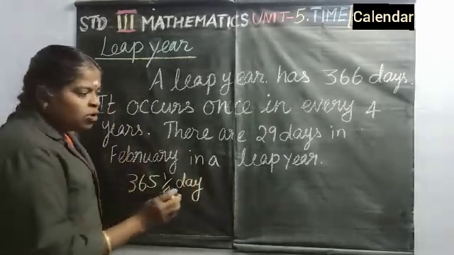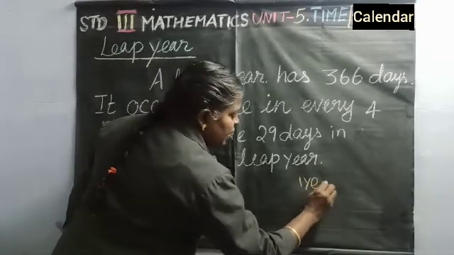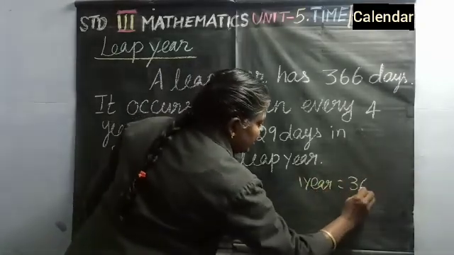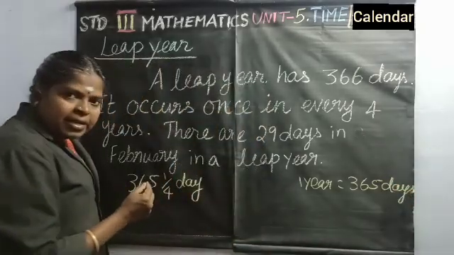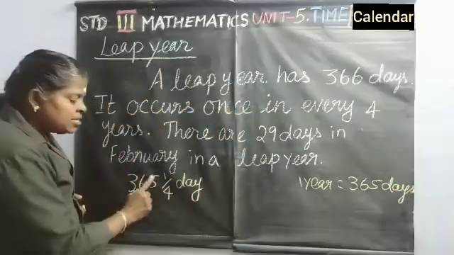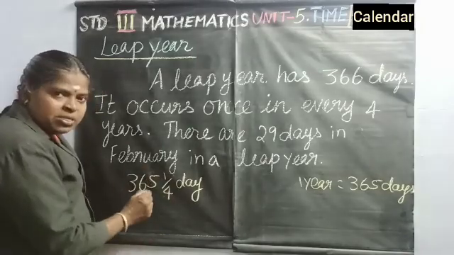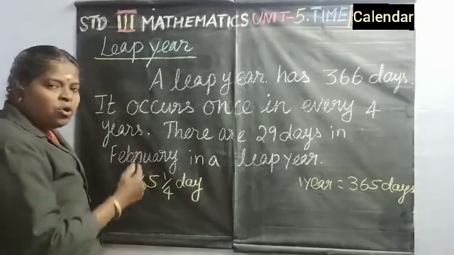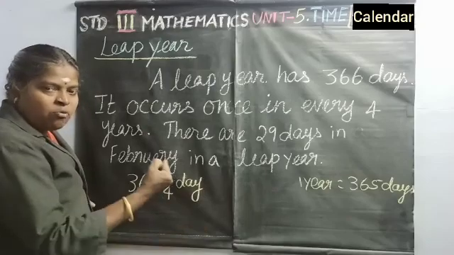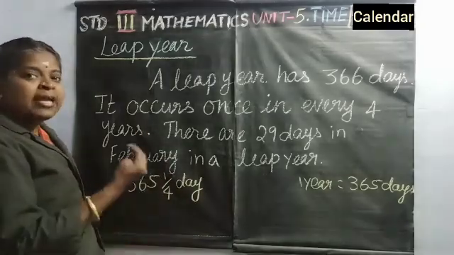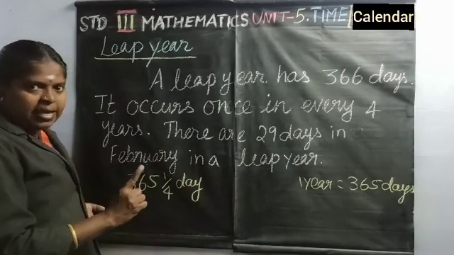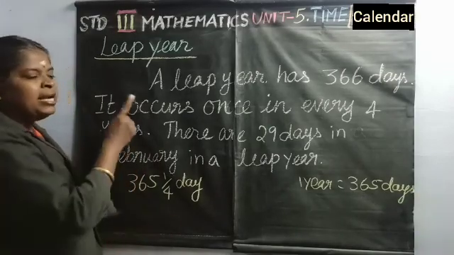So generally we will write 1 year equal to 365 days. This extra quarter day is missing. So when I add 4 quarter days, 1 by 4 plus 1 by 4 plus 1 by 4 plus 1 by 4, it becomes 1 day.